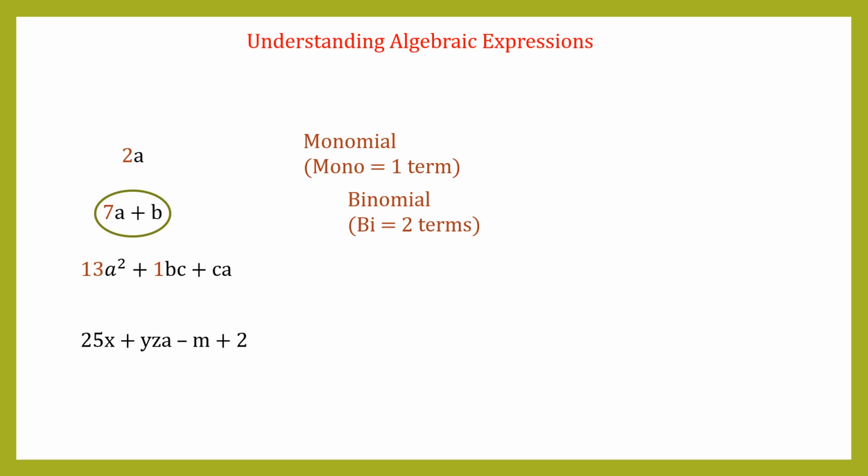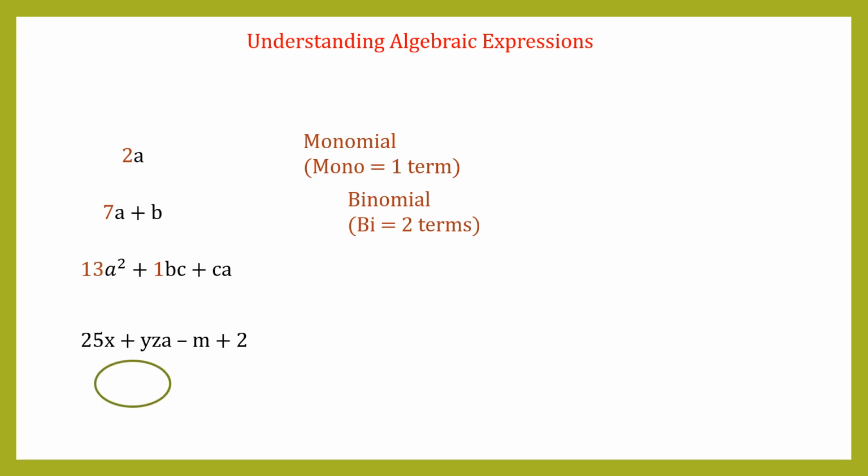A is variable and 7 is coefficient. Now plus b. B also is a variable. Now b, there is no number attached to it, means it is 1. That is, any number can be written as 1 into that particular number. So coefficient of b is plus 1.